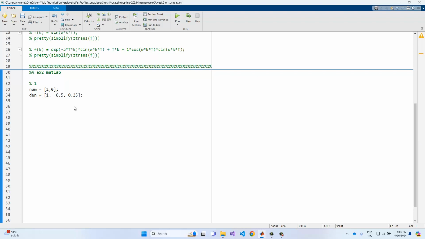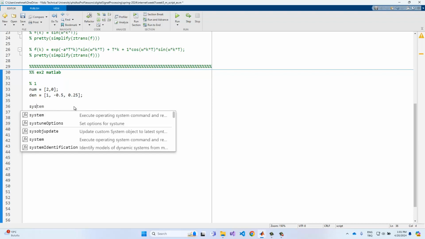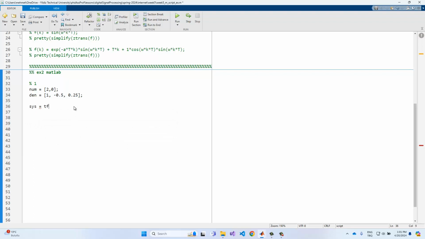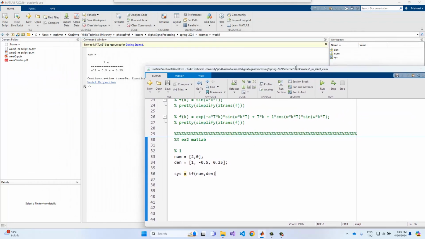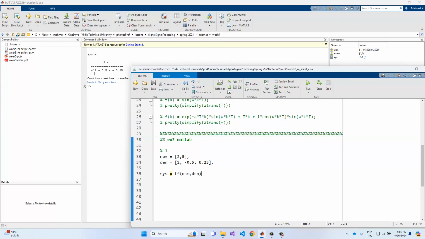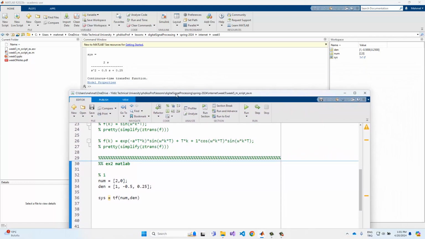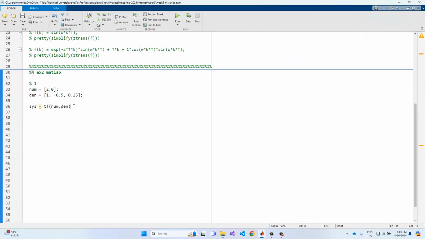To define the system in here, just like this one, we use sys = tf(num, den), which returns our continuous time signal: 2s divided by s squared minus 0.5s plus 0.25. But in order to create the Z transform or the discrete domain, we need to apply the sampling period Ts in here, just like this one, 0.1.